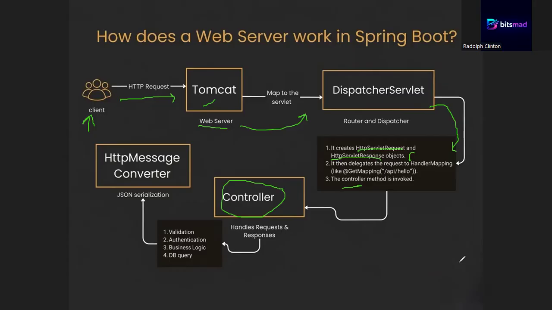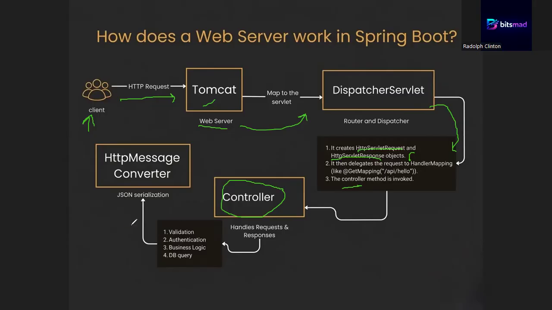By using that data and the service layer's business logic, we are now ready with a result. Now that result again we have to show to the client. For that we have the HTTP message converter and the HttpServletResponse object.